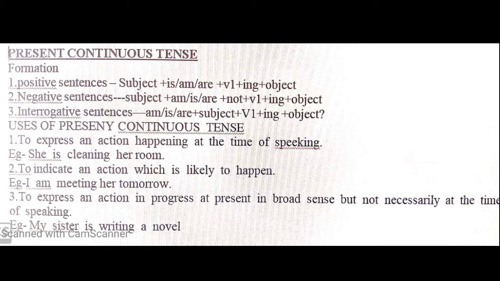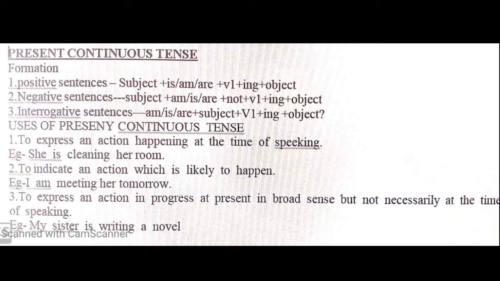In negative, subject plus am or is or are plus not plus V1 plus ing plus object. In the case of interrogative sentences, is, am, are plus subject plus V1 plus ing plus object.